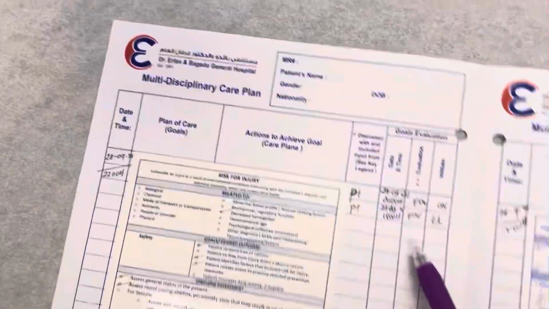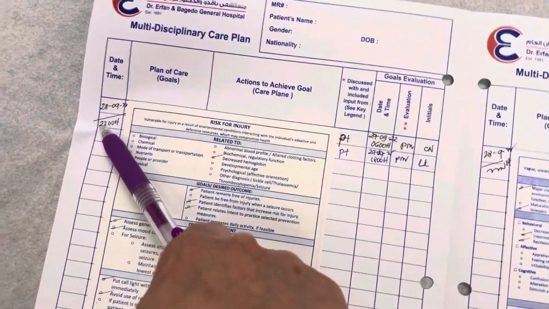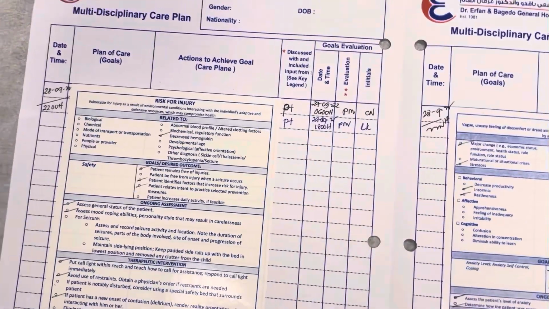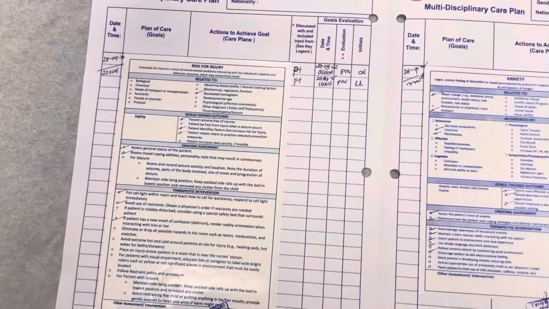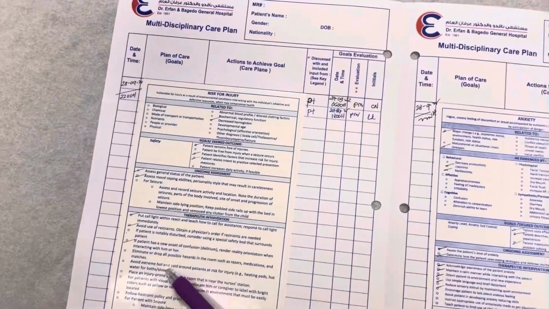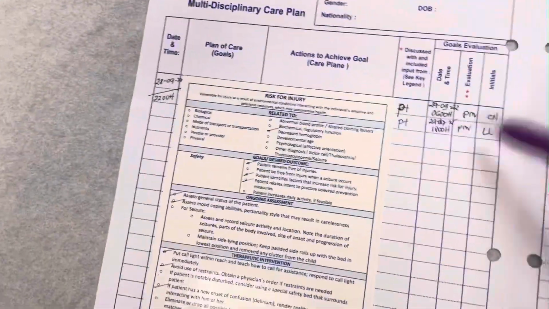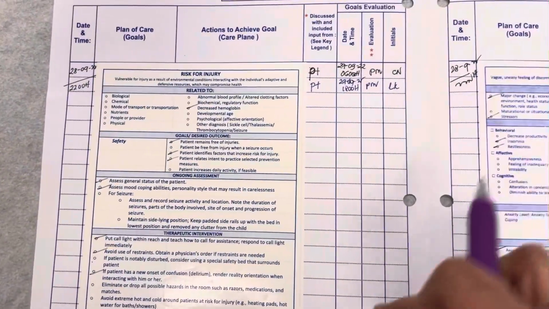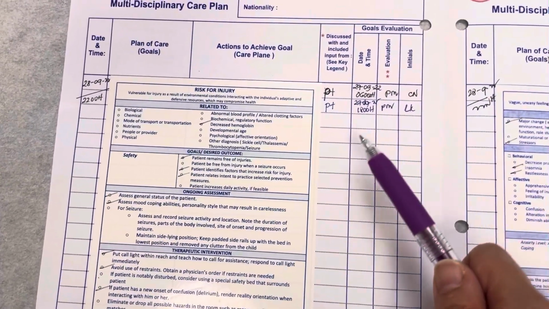Do not ever write the same date and time the patient was admitted. This is not the right way to evaluate your patient. Evaluation means at the end of your shift. This is your plan. You always evaluate at the end of your shift, which is 6 o'clock. If you are night shift, you will evaluate at 6 o'clock or 7 o'clock in the morning.